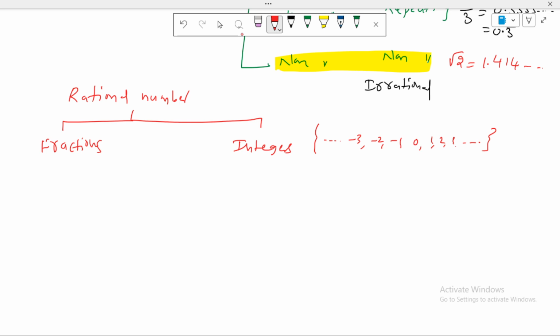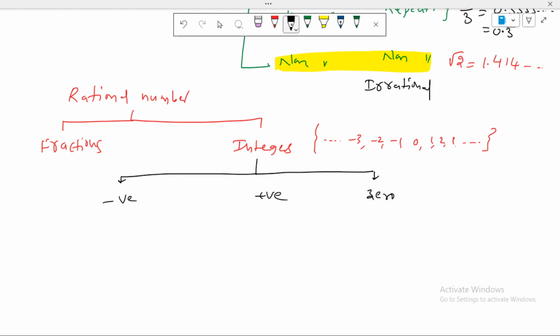After integers, we have some different classifications within integers.